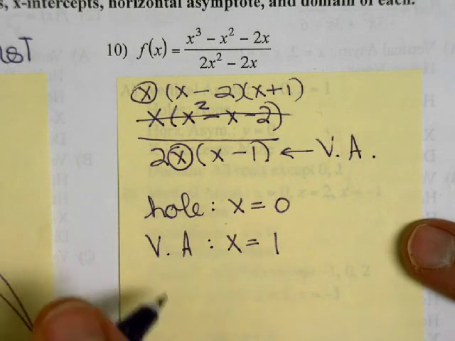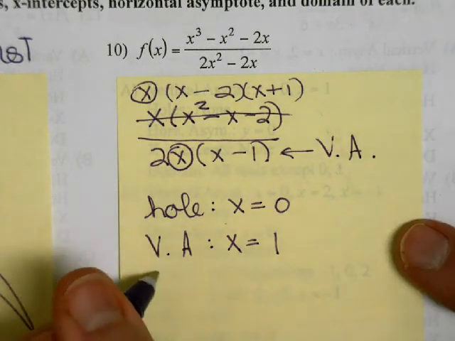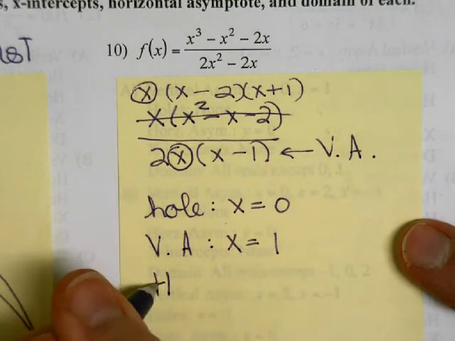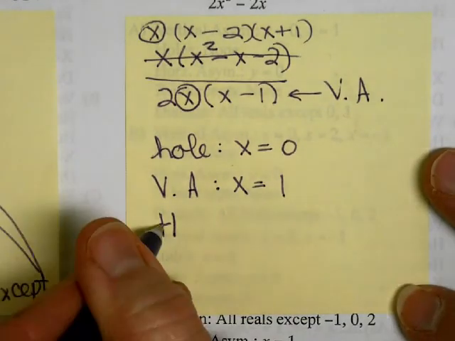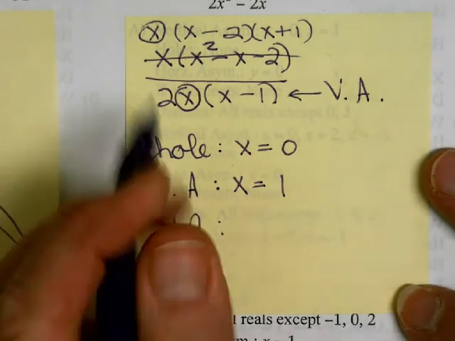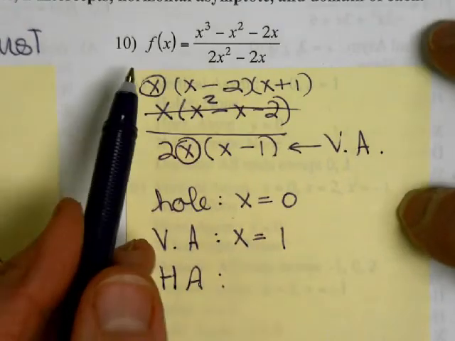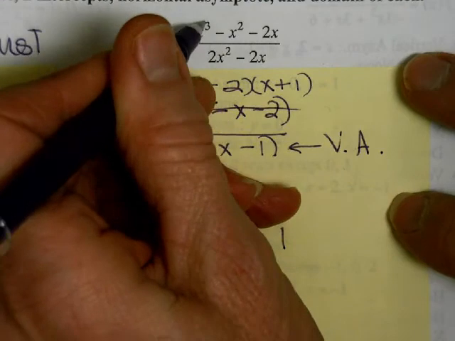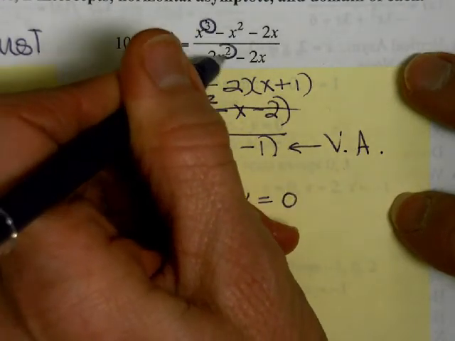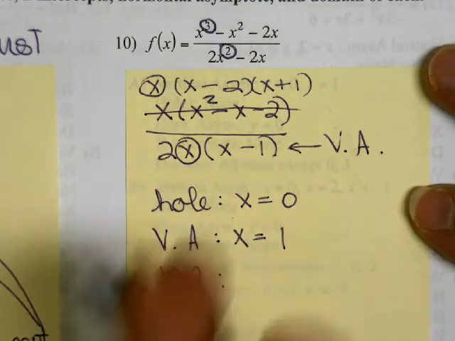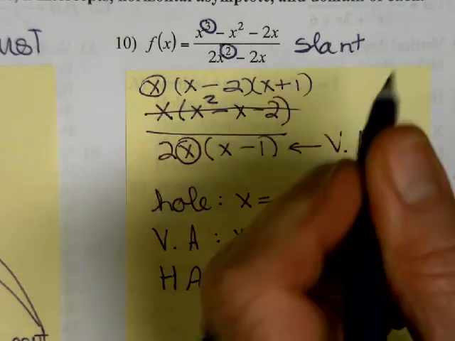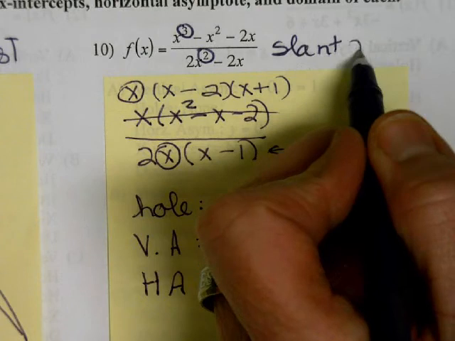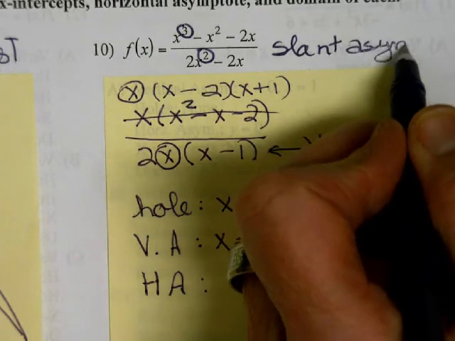My HA is tricky. Okay, here we go. Because the power of the numerator is 1 larger than the power of the denominator, this guy has a slant asymptote, just like the homework.